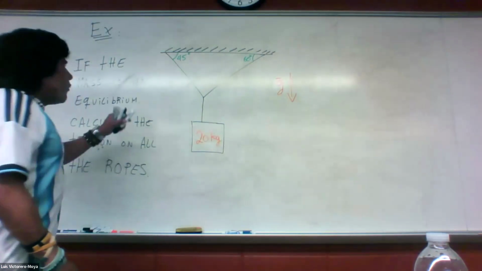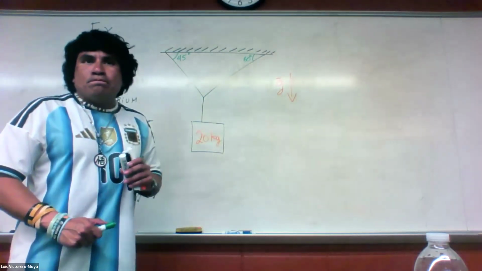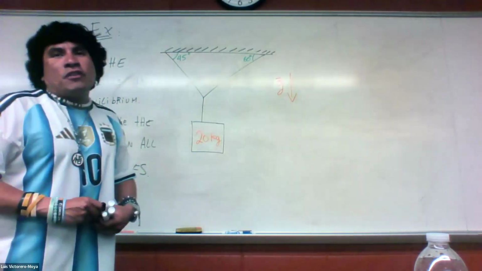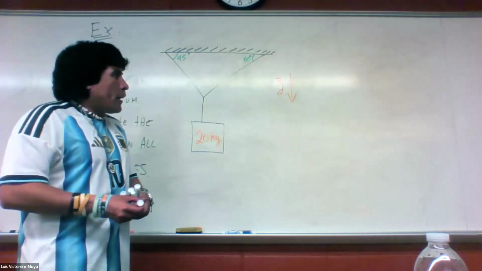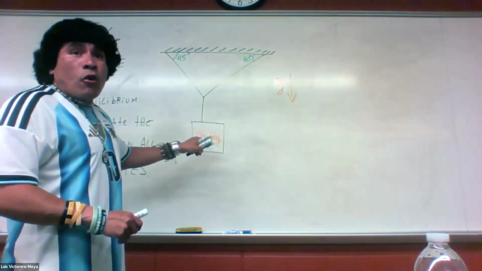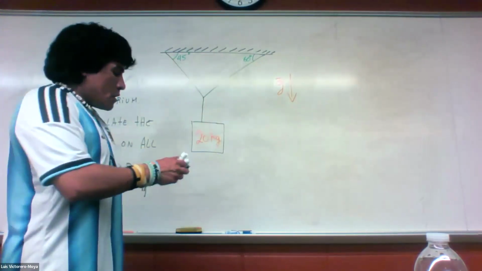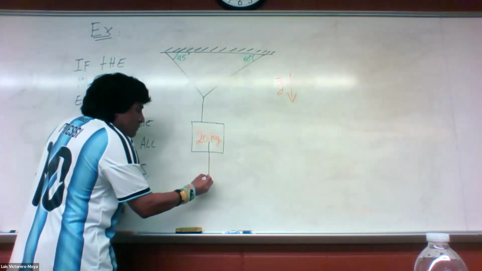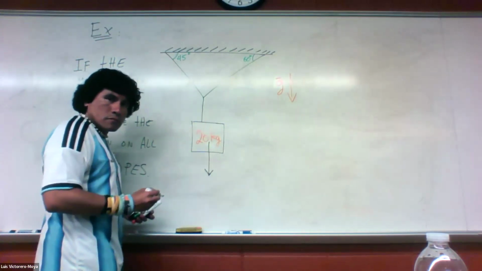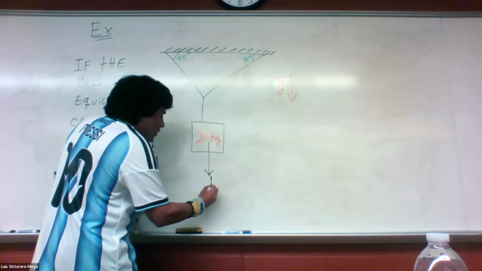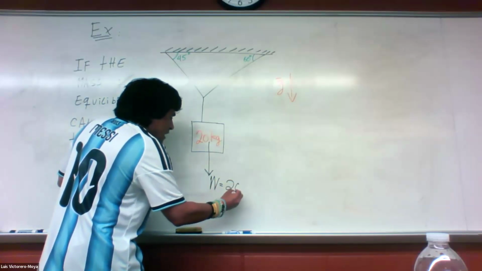Well, for any Newton's laws problem, especially the ones in equilibrium, you start by doing the free body diagram. Just like I did, we're going to draw the forces acting in here. So, what's this? Weight, which is, let's call it W, equals 20 times 9.8.